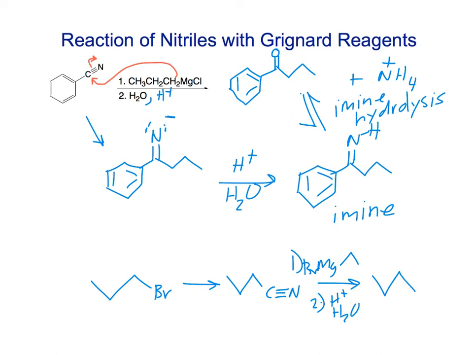We get this ketone. Okay, so think about, I'll weave this into something tomorrow, how we could do this in another way. We have other ways to do this as well.